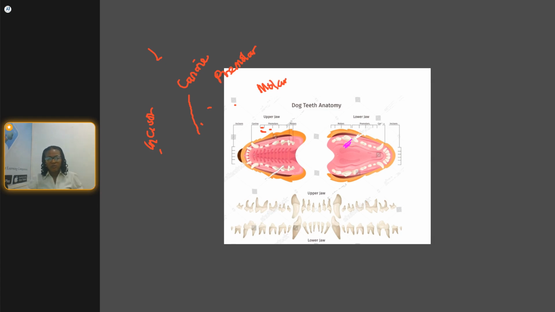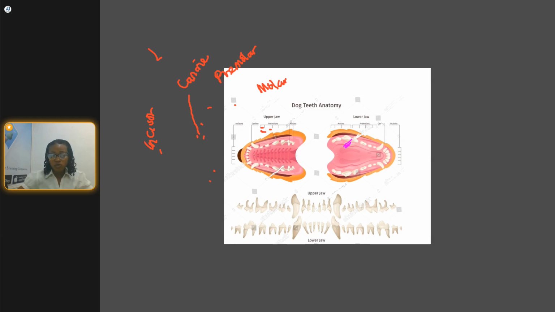All right, so it's still the same function. The incisor for cutting and biting food, the canine for tearing and holding food. You can see that the dog is more or less like a carnivore. So they tear flesh. That is why these teeth look like this, because they use them to tear flesh. The two canines, they can use to tear whatever they want to tear.